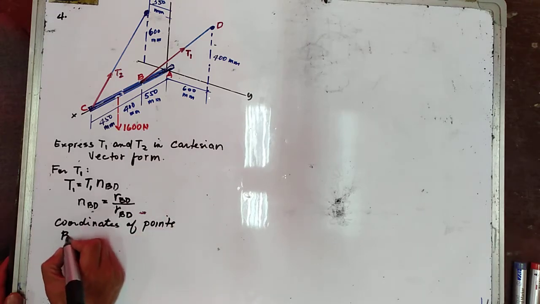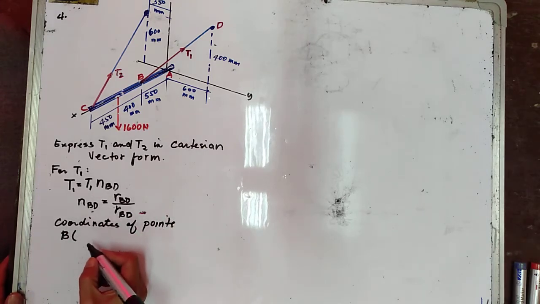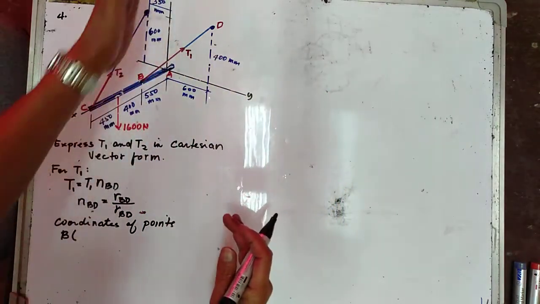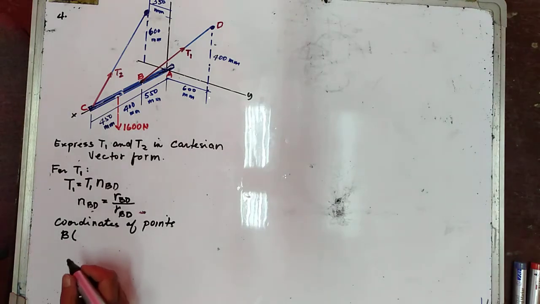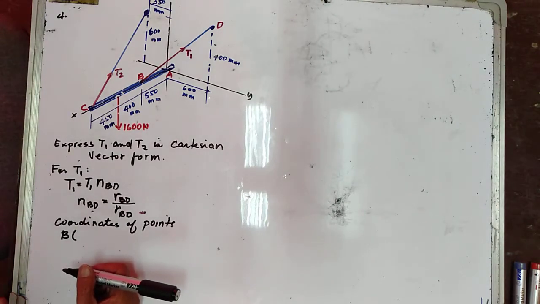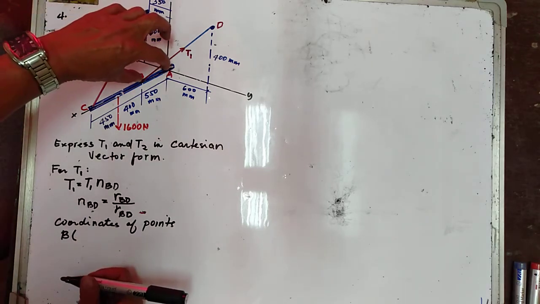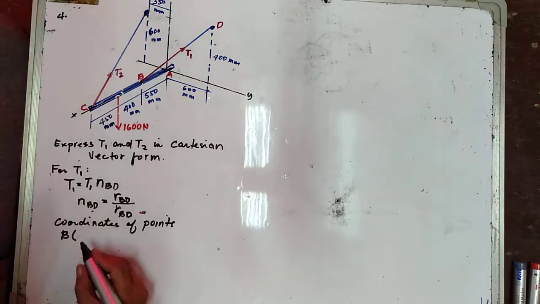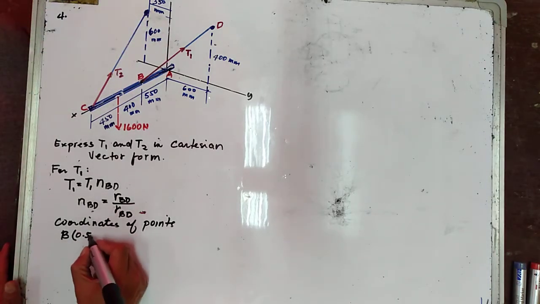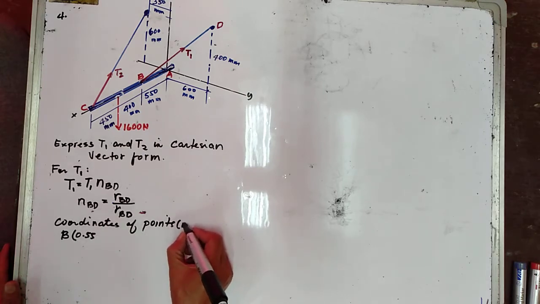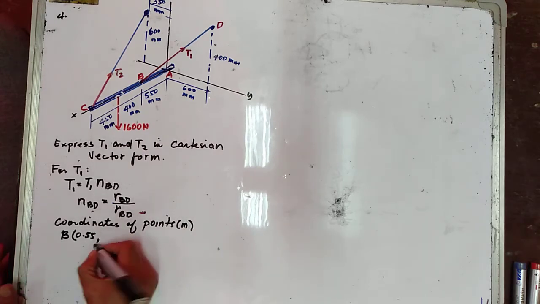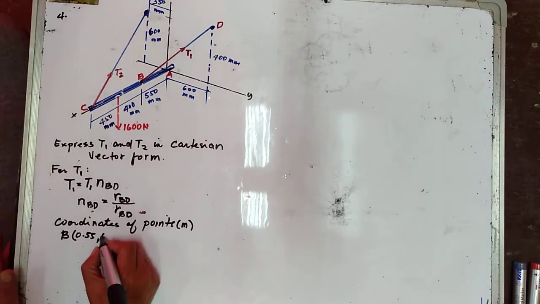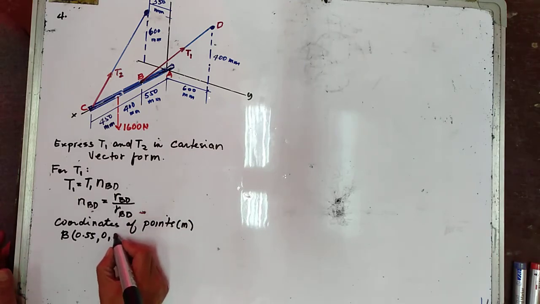So the coordinates of points B and D. For point B, this is the x-axis, that is the y-axis, and this is the z-axis. So it is equal to 0.550 mm, or that is 0.55 meter. Okay, the coordinates are in meters. And then the y-coordinate is 0, and the z-coordinate is 0.